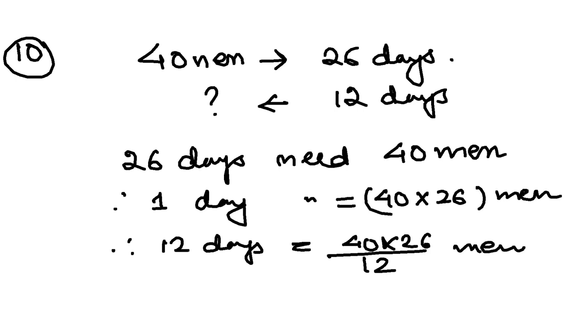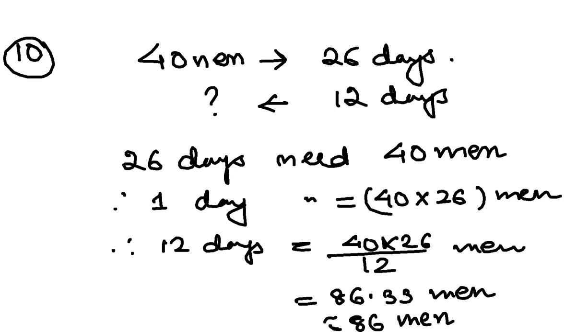Now here's the interesting part. If you simplify it and try to get the final value, you will get 86.33 men. But is it possible? Can the number of men be equal to 86.33? No, right? So you have to round off. This is a round off sign or approx sign.